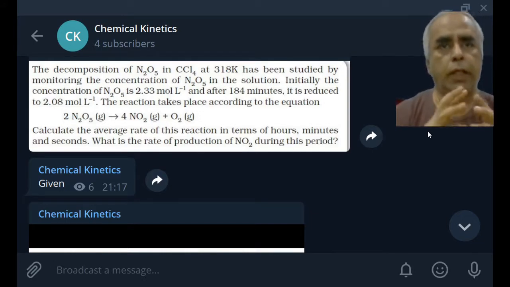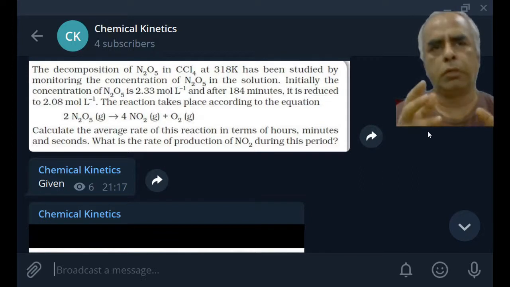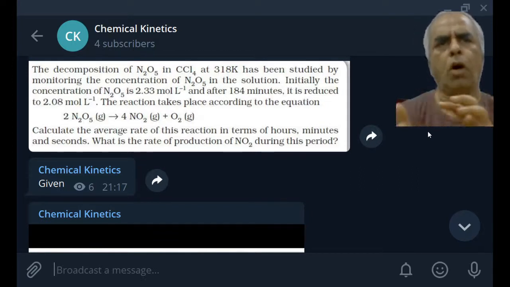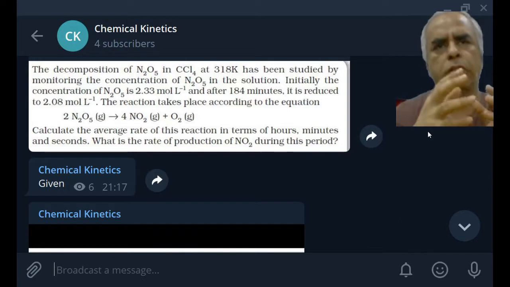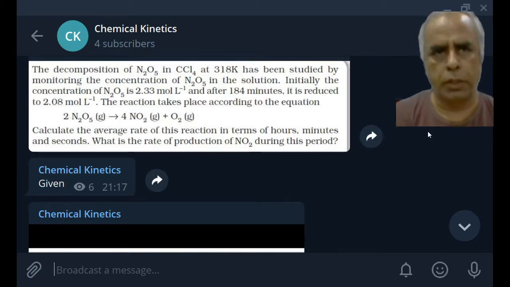Then after 184 minutes, that is the time taken, is it not? So the time taken is for the reaction to complete or to a certain extent. We cannot say halfway. So it is reduced to 2.08 mole per liter.